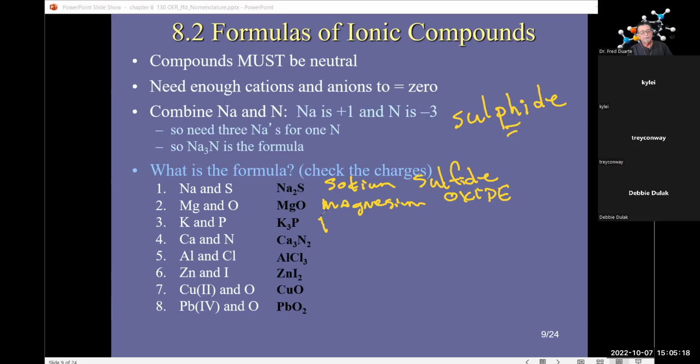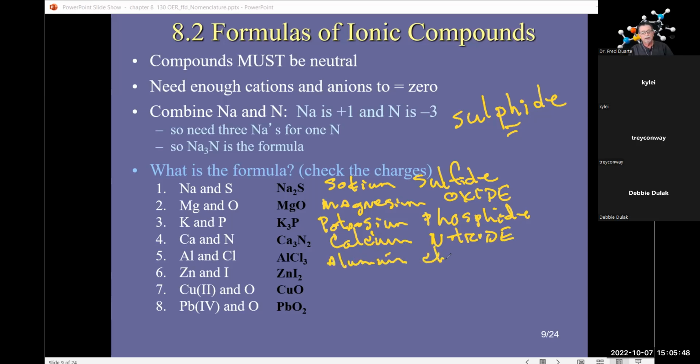Then we have potassium phosphide. Notice all the IDE, phosphide, meaning it's the single element. And then we have calcium nitride. Notice no prefixes. We had nothing said about tricalcium dinitride, just straightforward calcium nitride. Then we have aluminum chloride.